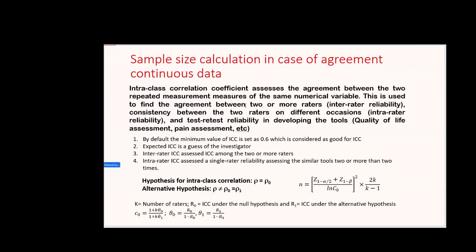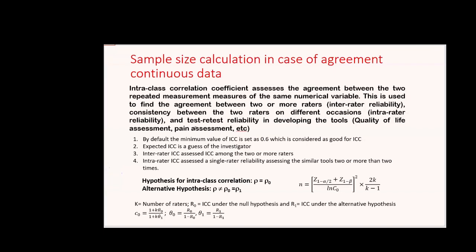Or say there is a stone: you are measuring the stone volume from the CT and the stone volume from the ultrasound or PET CT. In that case, you are finding the agreement on whether they measure the same volume or not. There we use intra-class correlation.